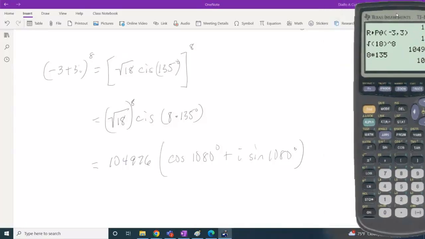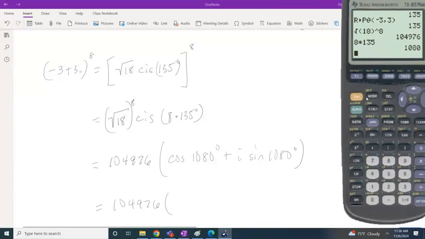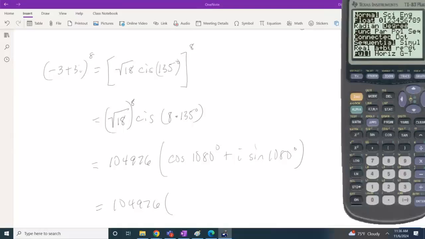And now I'm going to convert it back to a complex number. So I'm going to distribute. I'm going to calculate these individually. The cosine of 1080 gives us, well, I'm in degree mode because I'm putting in a degree measure.